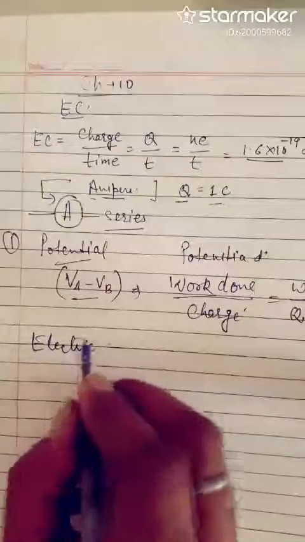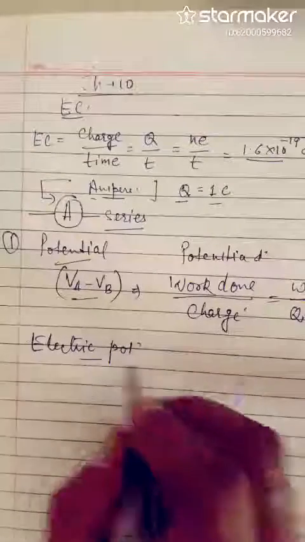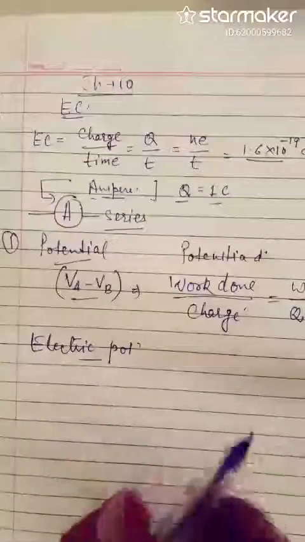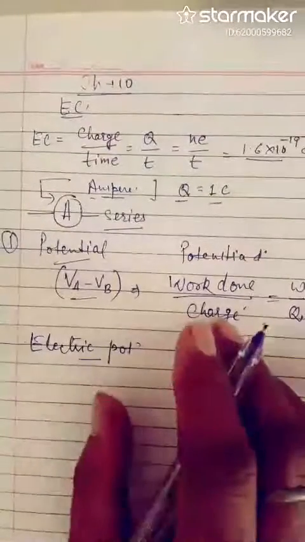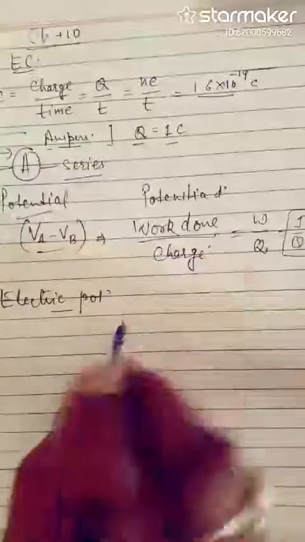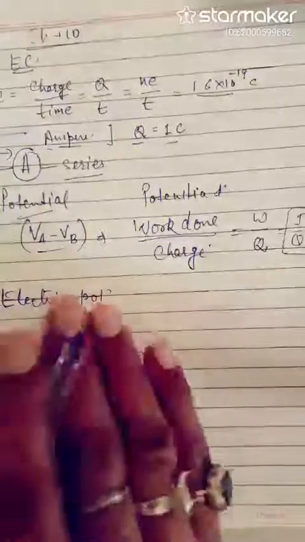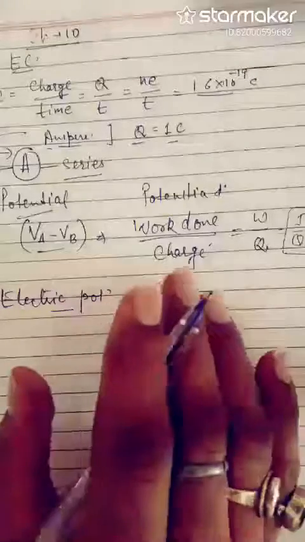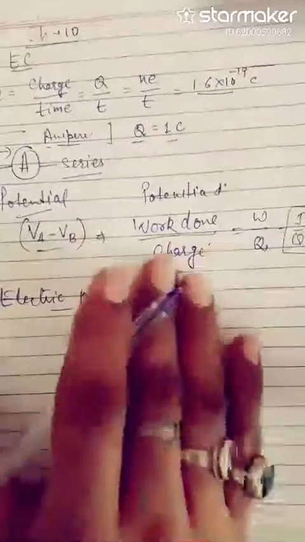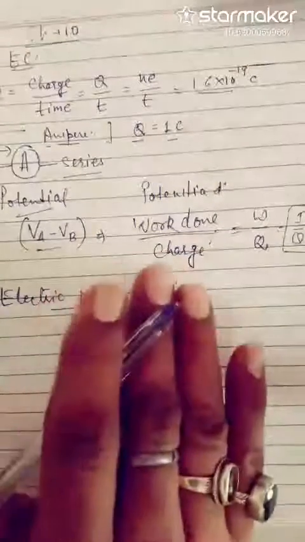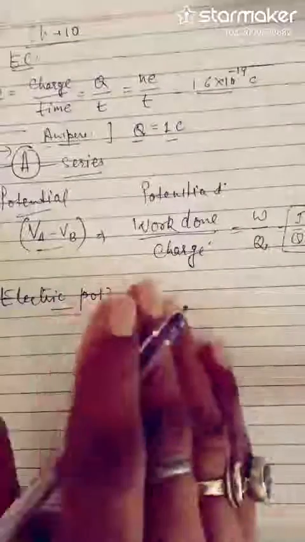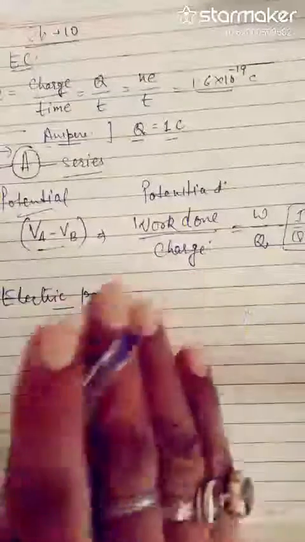Electric potential. Now, if B is placed at infinity, what is the term infinity? Infinity means not defined. A number that cannot be calculated, cannot be placed on paper, or cannot be represented or defined in any form is called infinity or non-defined.